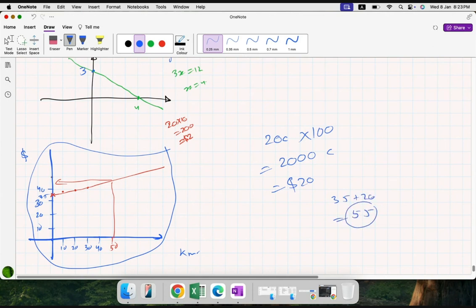So it would be easy to mark 55 against 100. So 100 and 55 mark. This is that. So we can join this 35 mark and that 55 mark from 0 to 100 kilometers.